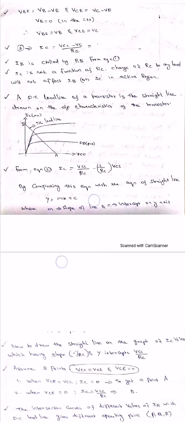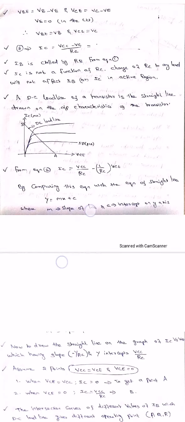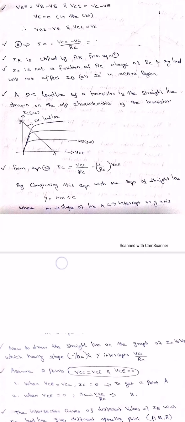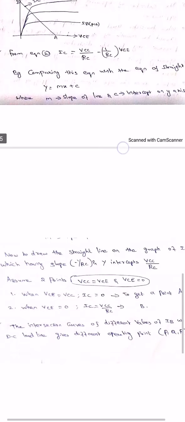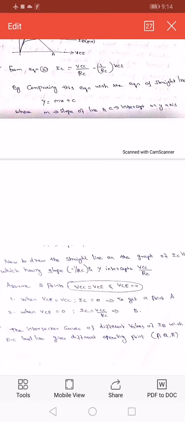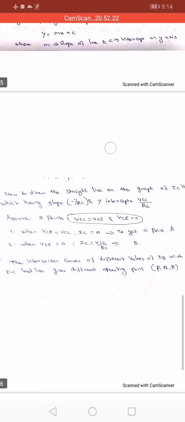So the straight line equation is y equal to mx plus c, where m is the slope of the line and c is the intercept on the y axis. So by comparing these two equations, we draw the straight line on the graph of IC versus VCE, which has a slope of 1 by RC and intercept VCC by RC.